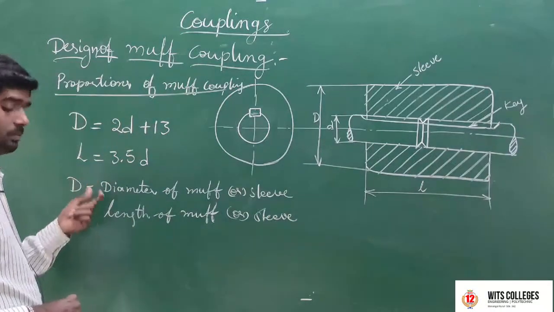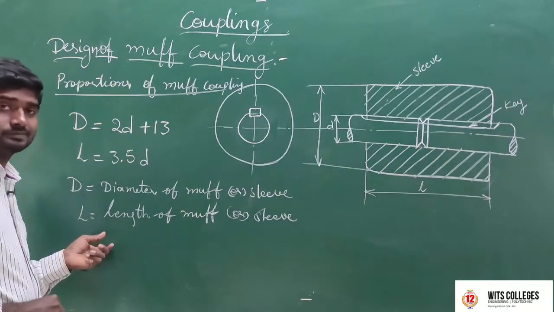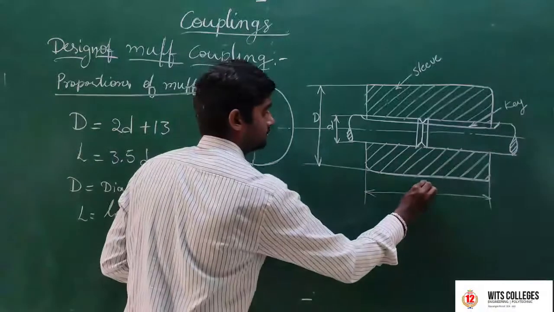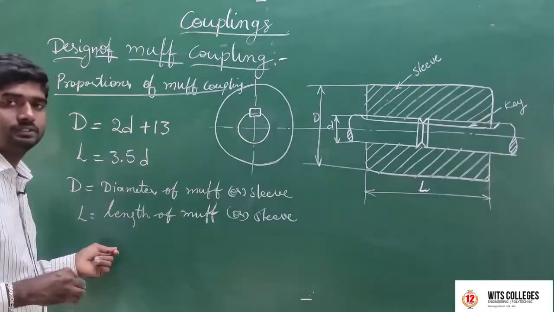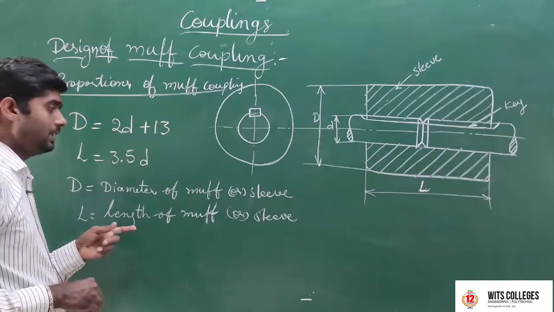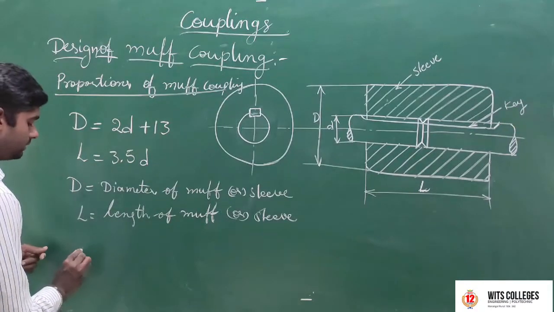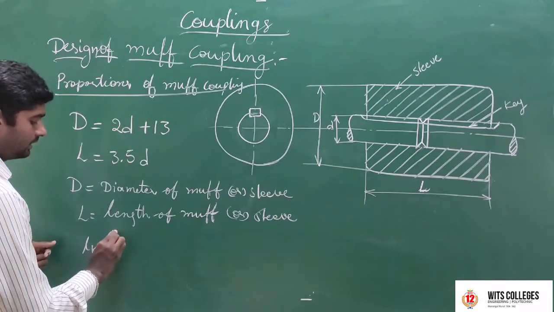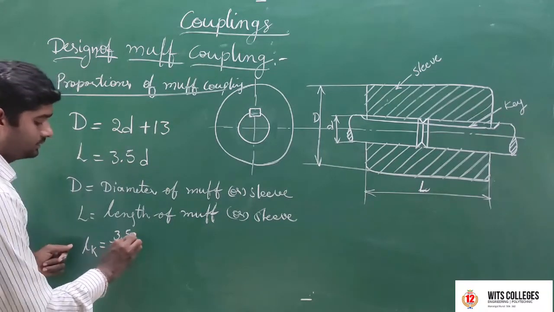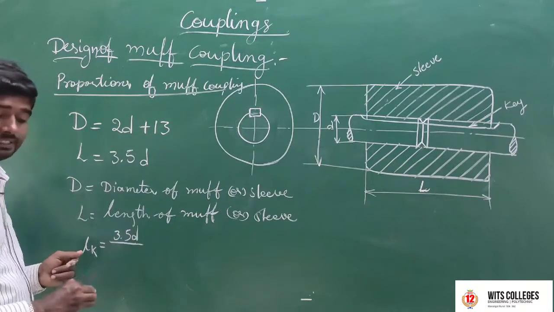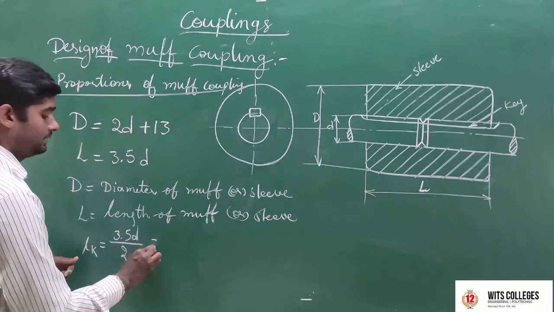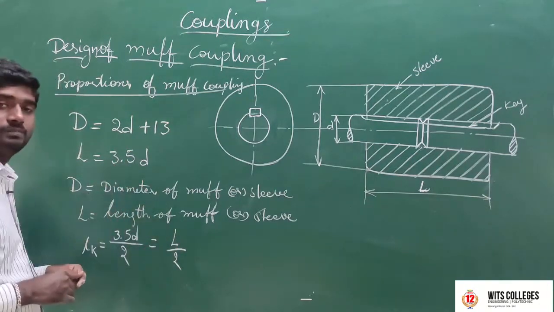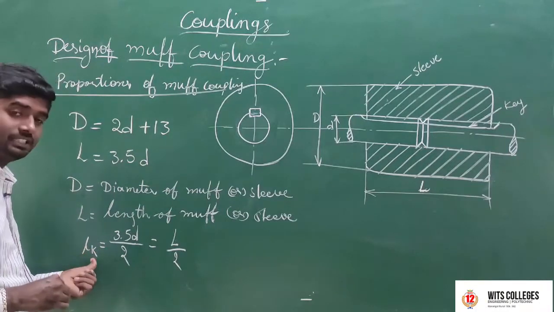Next, find the length of the key, denoted by small l. The length of the key is equal to 3.5d by 2, that is, capital L by 2, half of the muff length. This is the length of the key.